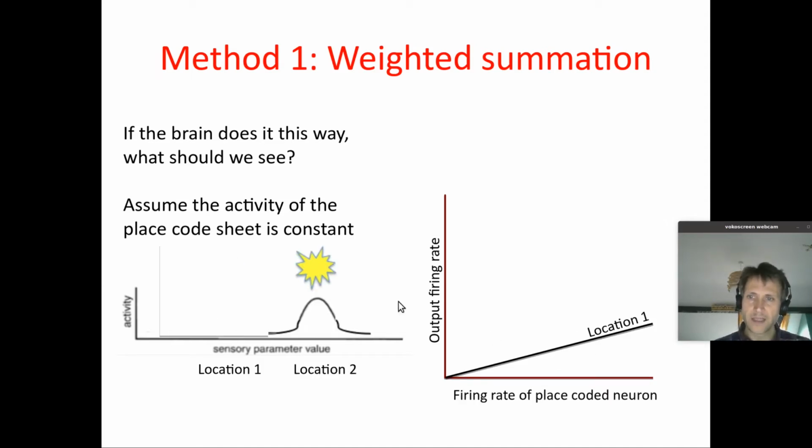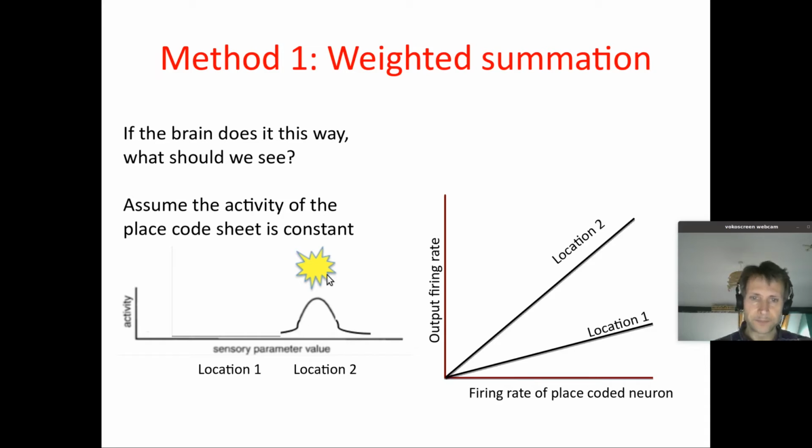If we had a stimulus at the second location, which is the 20-degree location, then because the weight of that connection is larger, the output firing rate would increase with a steeper gradient for the same input luminances.